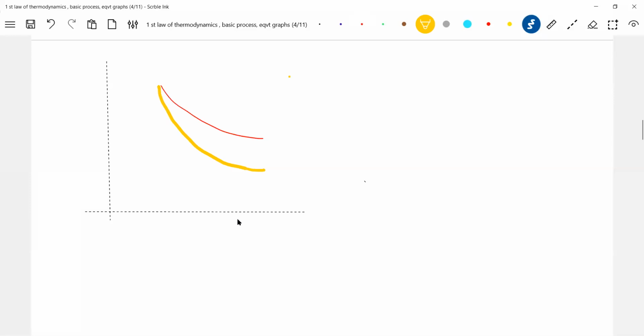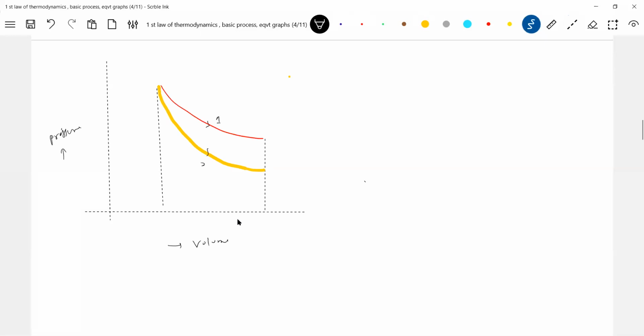Which one will represent isothermal? Which one will represent adiabatic? That is what we are trying to verify here. So this will be the pressure and this is the volume. There's a curve 1 and a curve 2.